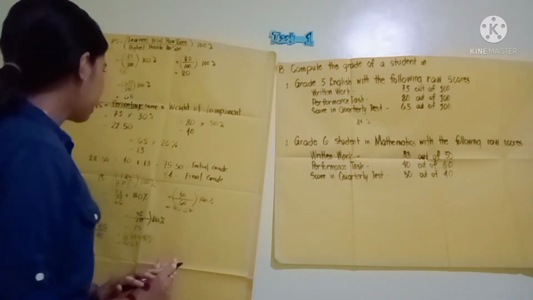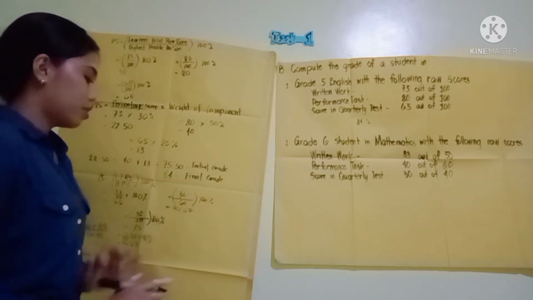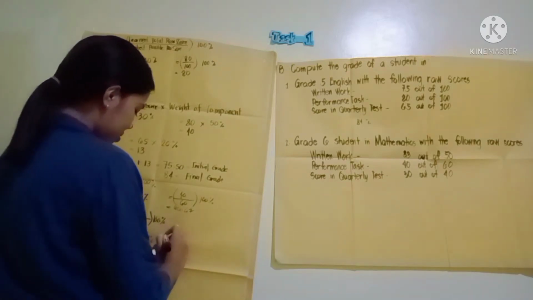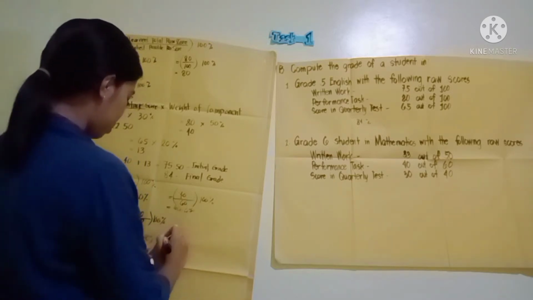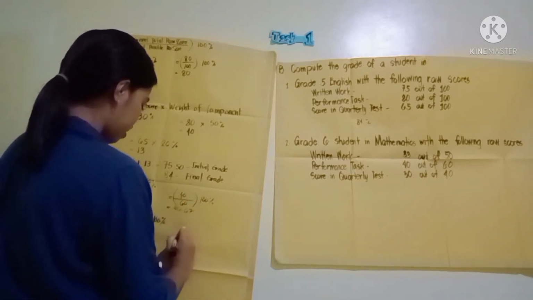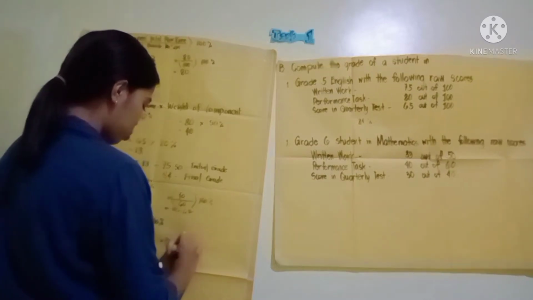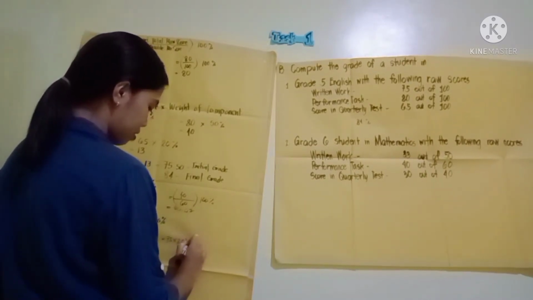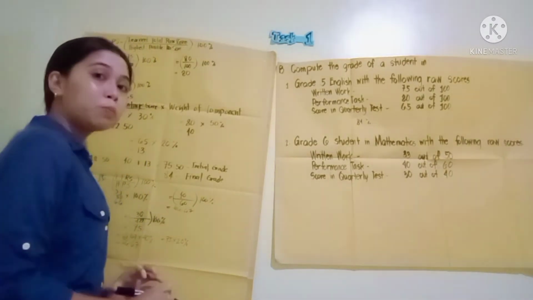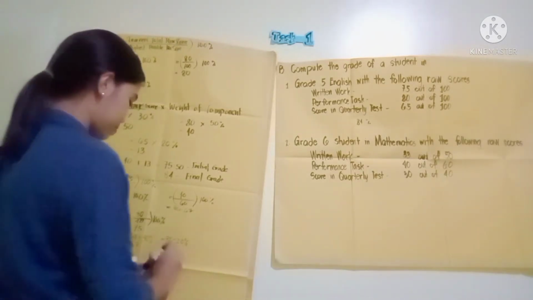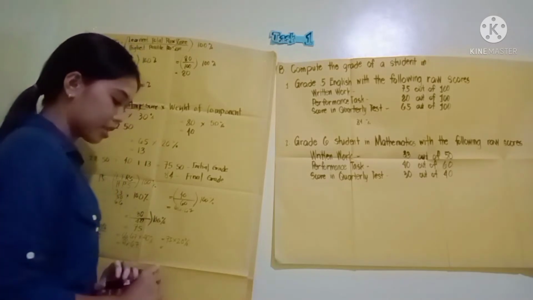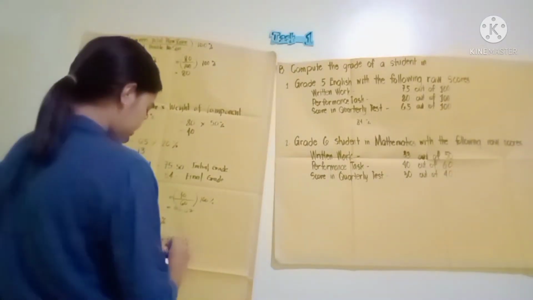Next is getting the weighted score of the quarterly assessment, which is 75 multiplied to 20%, which is the weight of component for the quarterly assessment of the mathematics subject, is equals to 15.